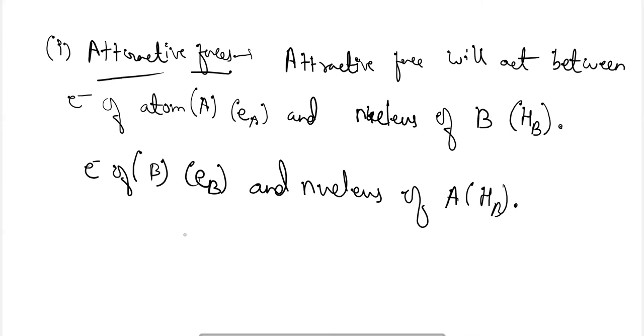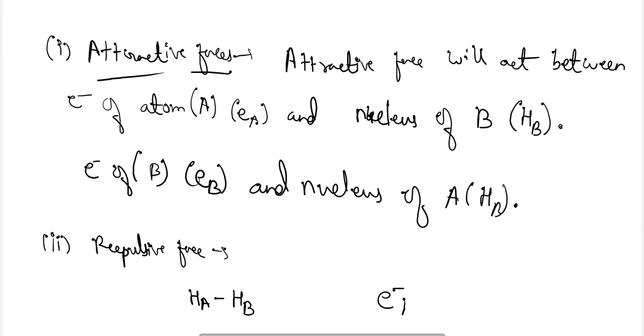And the repulsive force will be between the nuclei of both atoms and the electrons of both atoms. As they have the same charge, like charge, they will repel each other.